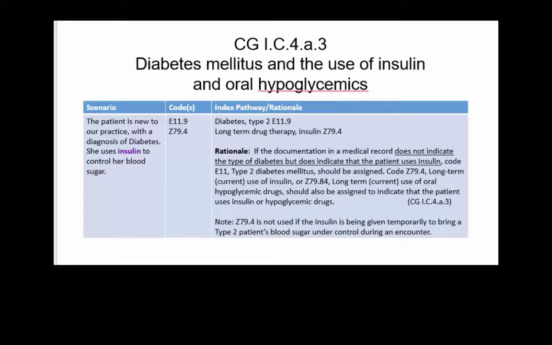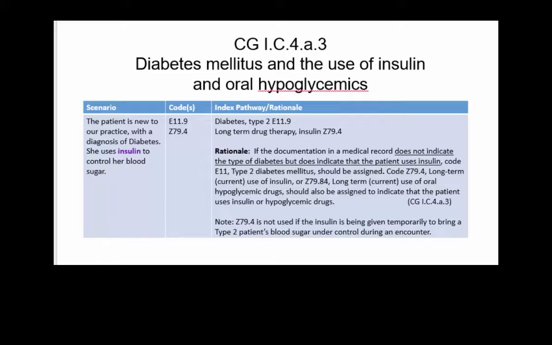The guideline tells us if the documentation does not indicate the type of diabetes but does indicate the patient uses insulin, you're going to code type 2, E11, meaning you're going to go into that category and choose the code that has the correct characters. No complications are mentioned, so E11.9 would be the correct code for the diabetes, and then the use of insulin to control the blood sugar would be Z79.4.